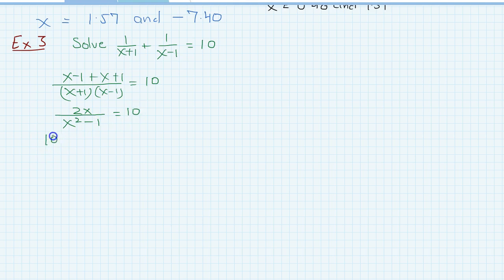So the equation is 10x square minus 2x minus 10 is equal to 0. So I can write it as 5x square minus x minus 5 is equal to 0.